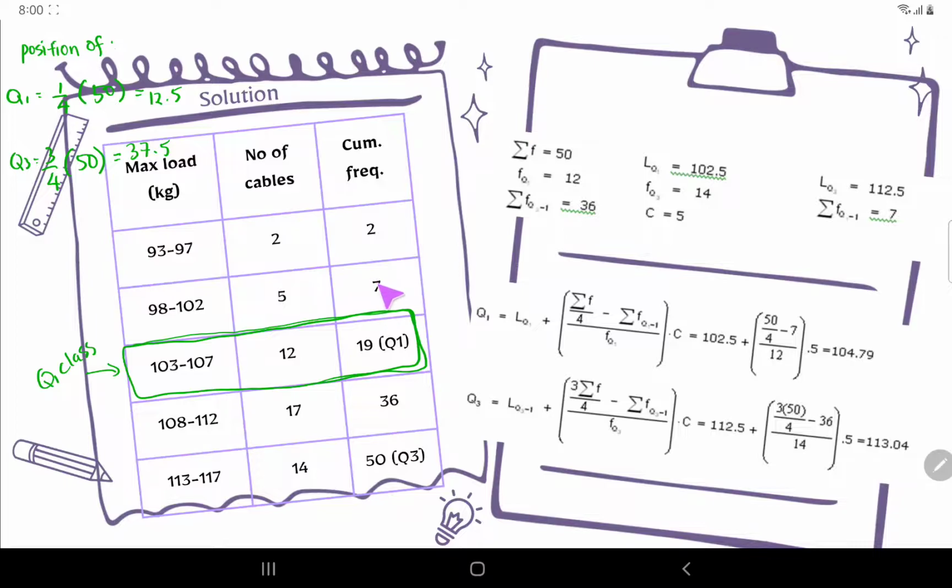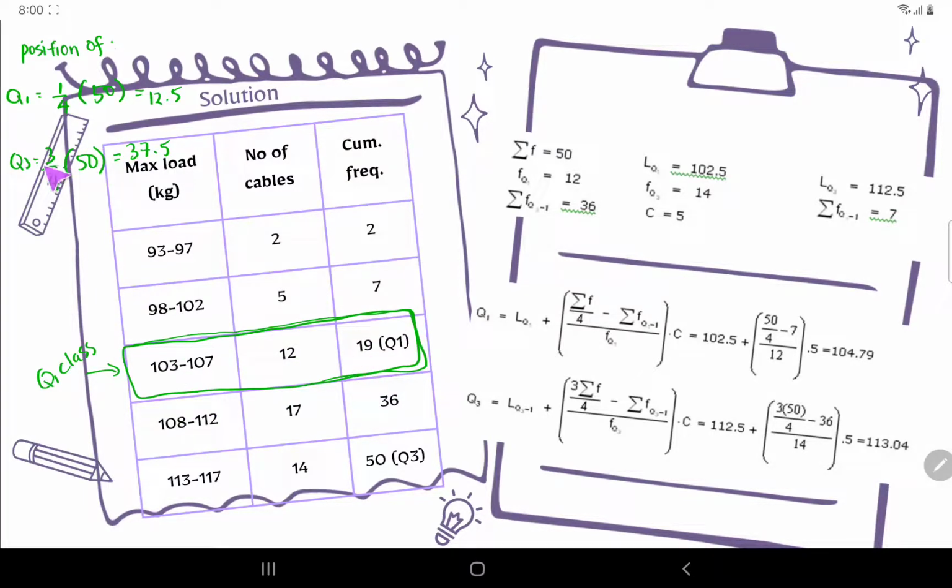Here the cumulative frequency is 7, meaning from 3 to 7. Here is 19, meaning from 8 to 19. So 12.5 is located here, between 8 and 19. So this is the Q1 class.